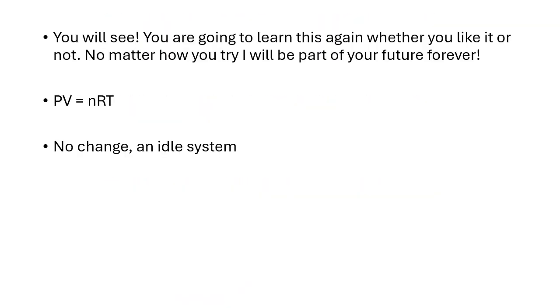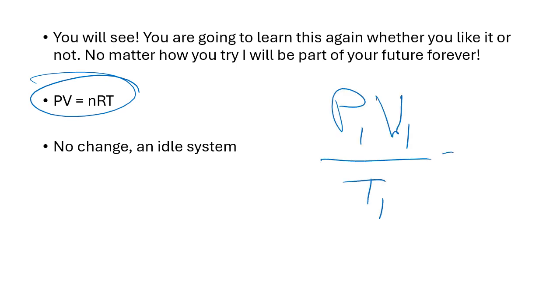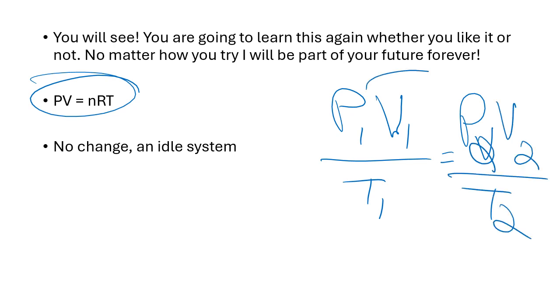So now, this is something that you're going to learn. I hear physics students talk about this equation all the time. Now, when we did P1, V1, T1, this P2, V2 over T2, there's a change in the system, like volume's changing, or pressure's changing, or both, or temperature is changing, or whatever.